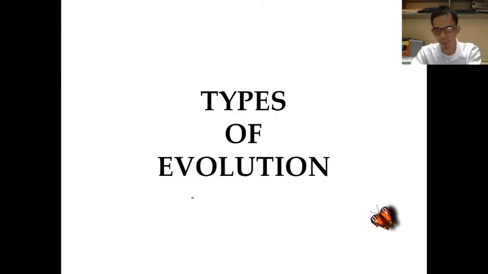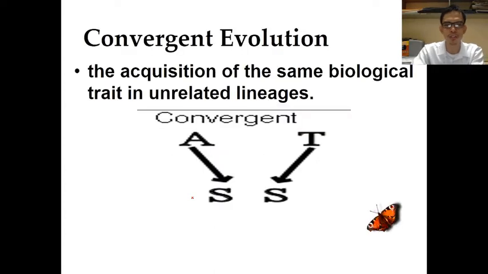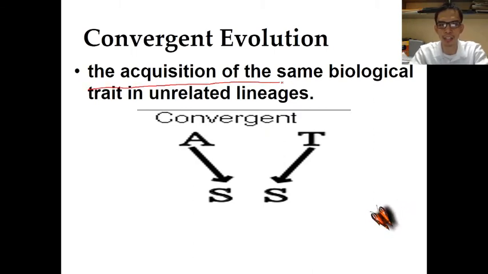Next one, types of evolution. So what do we have right here? We have what they call convergent evolution. Convergent evolution is the acquisition of the same biological trait in unrelated lineages. So we have organism A and organism T. What is convergent evolution all about?